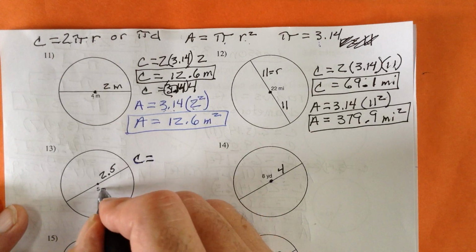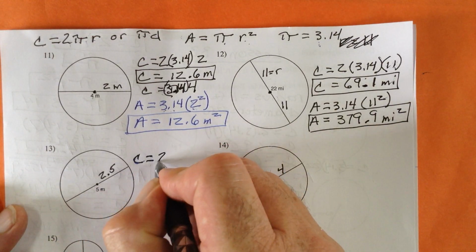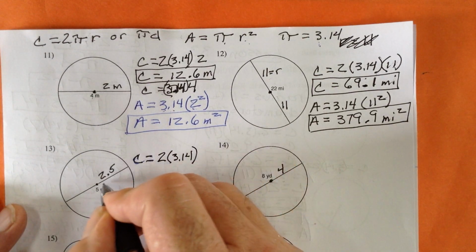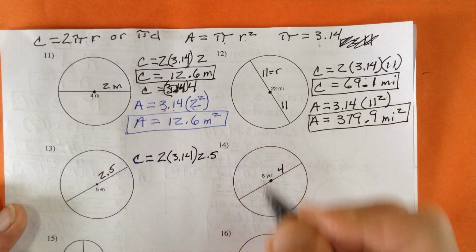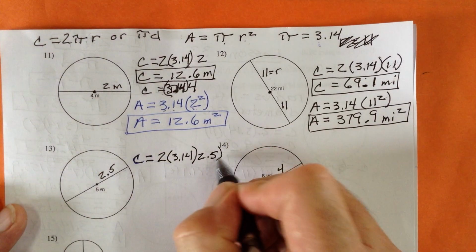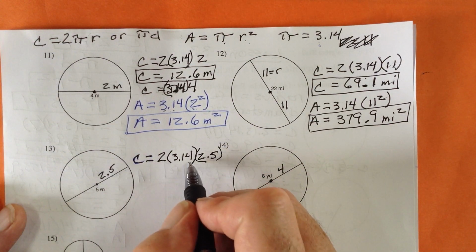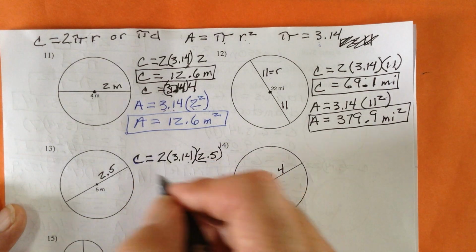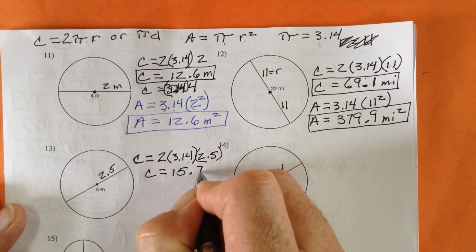The diameter is 5, so the radius is 2.5. So the circumference is 2 times pi, which is 3.14, times the radius, 2.5. I can put parentheses around that one too. 2 times 3.14 times 2.5. And rounded, I came up with the circumference equal to 15.7.